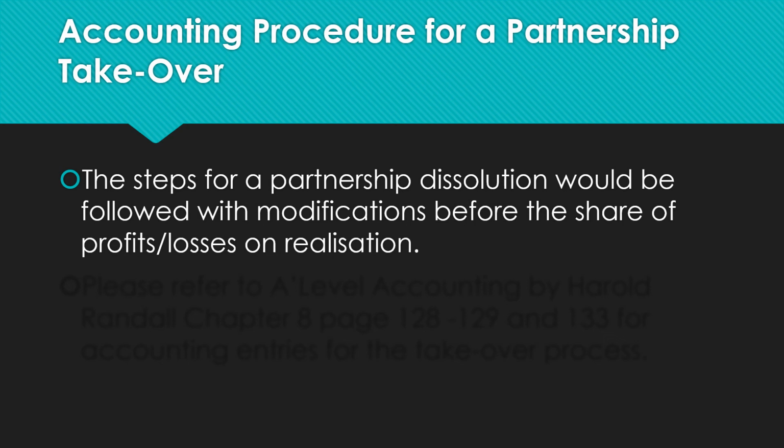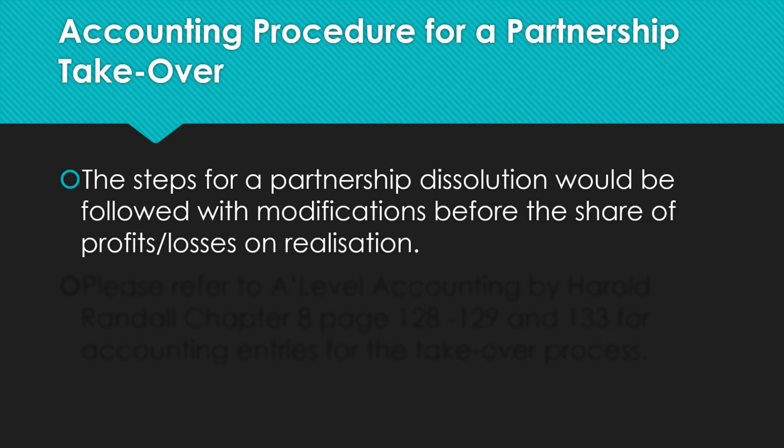So that's your third accounting entry. Accounting entry number 4 is that you have to record the cost of dissolution. There is usually a cost associated with closing down a business.